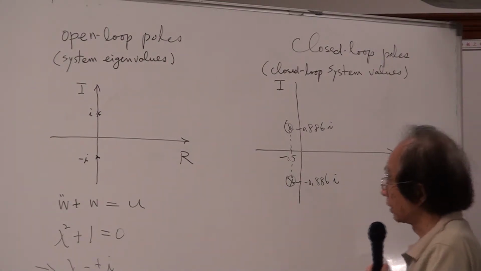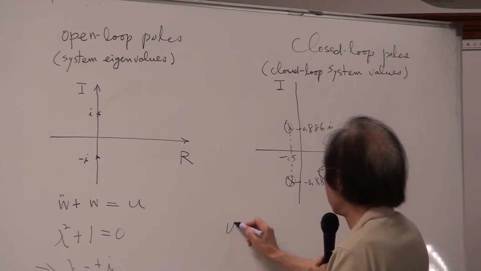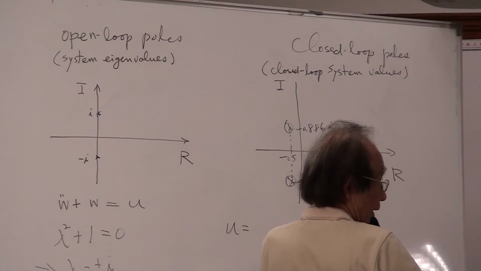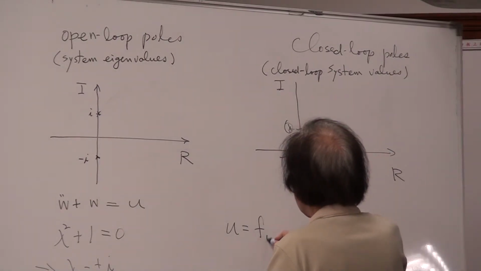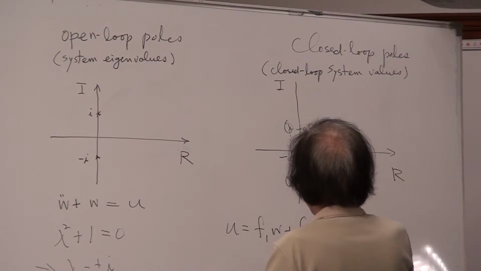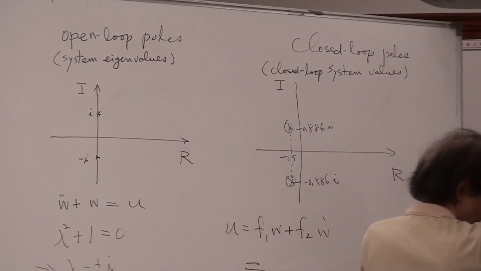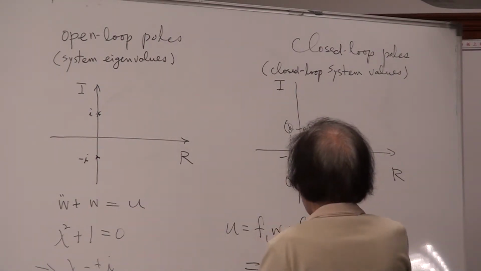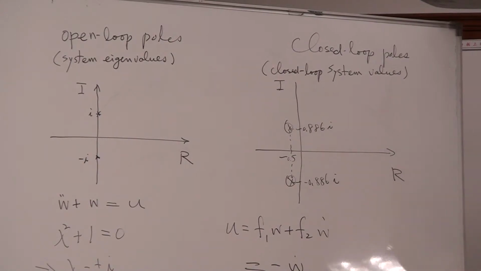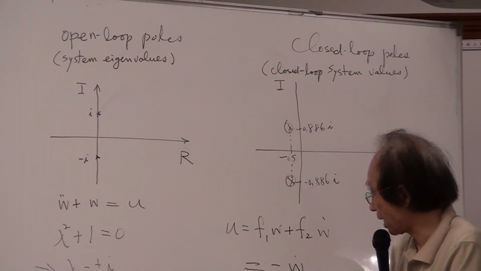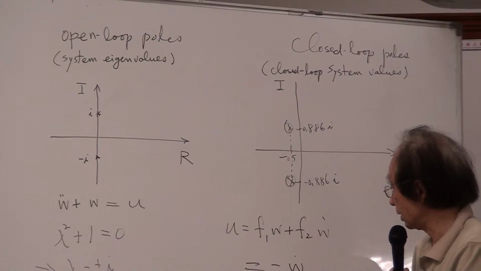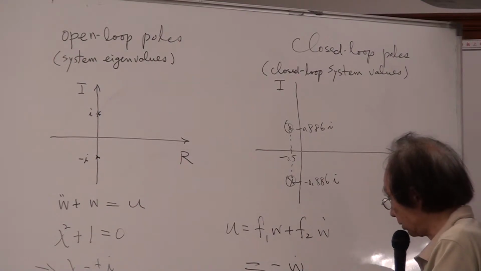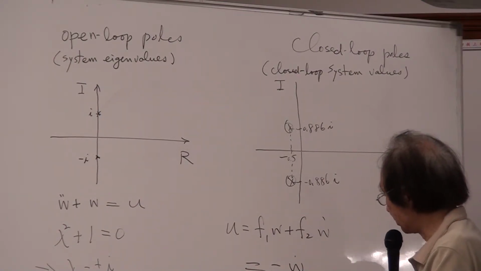Now I move on. I have U equal to F1 W plus F2 W dot. Now from that, I have U equal to minus W dot. Alright, if I have that, then my W double dot plus W equals F, which equals U, that equals minus W dot.